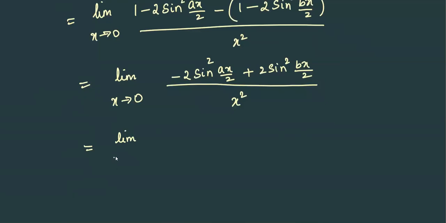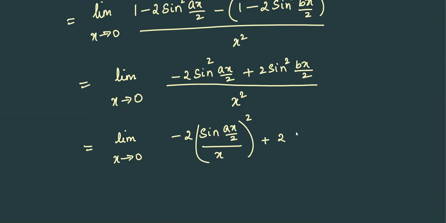So this is limit x tends to 0. Divide, you get minus 2 (sine (ax upon 2) upon x) the whole square, plus 2 (sine (bx by 2) upon x) the whole square.